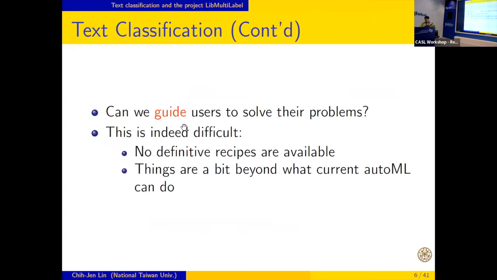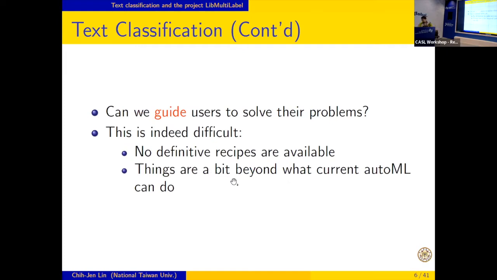So then the question is, can we guide users to solve their problems? This is indeed difficult. We find out that so far for multi-label classification, we don't have definitive recipes to tell users, okay, under this situation, you should use this kind of approach, and under that situation, you should use some other approaches.